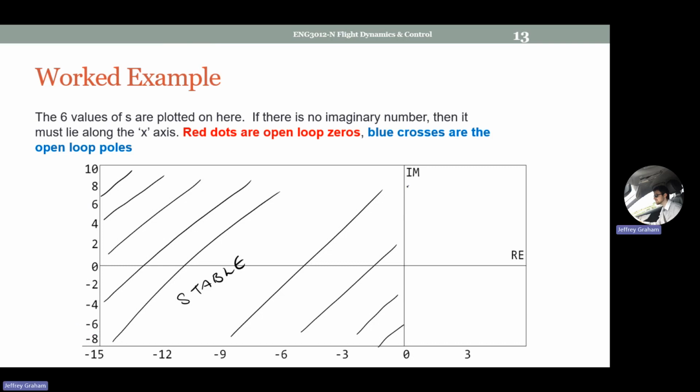If it falls to the right of the imaginary axis, so it's got a positive real part, we will have an unstable system.